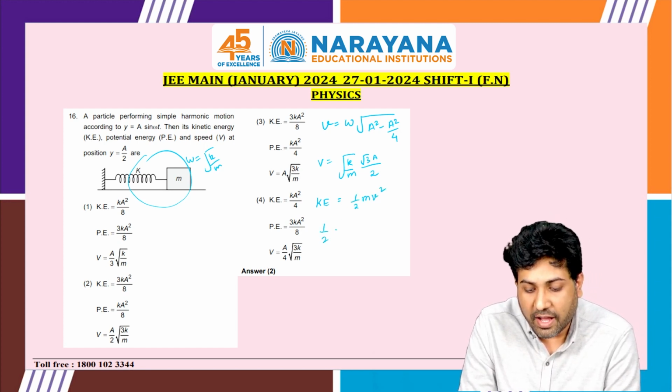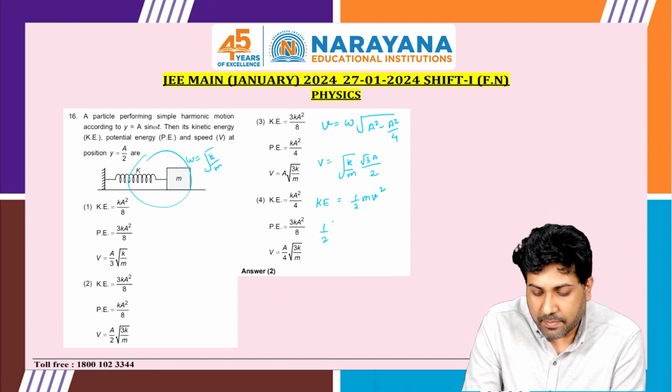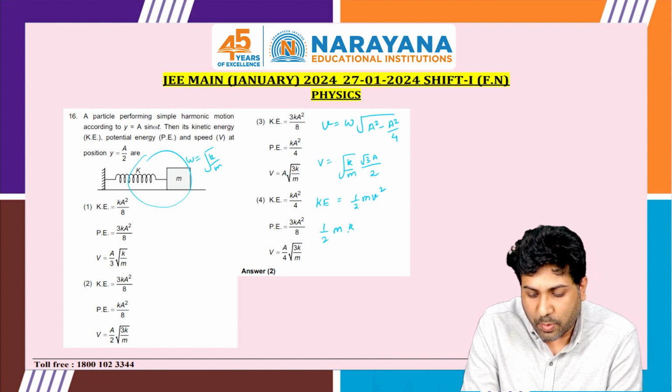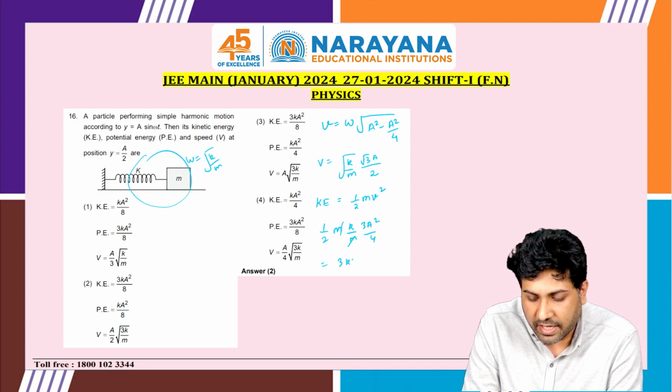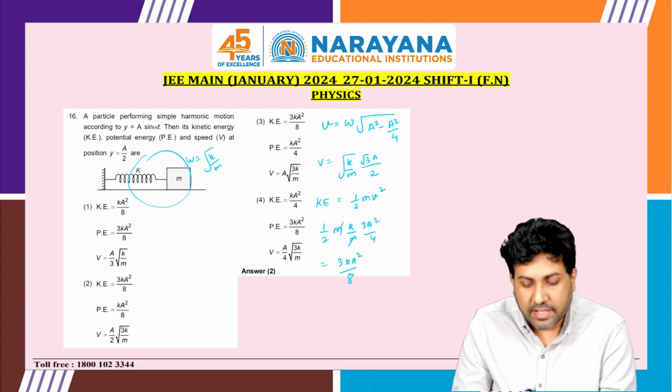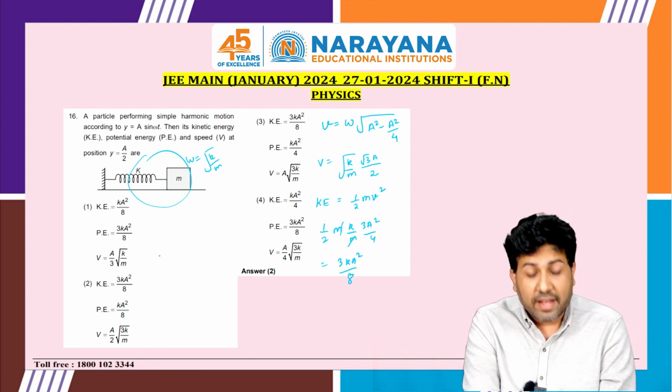So that will be equal to half into m into v square. Just square the velocity, 3a square upon 4, cancelled. I will get 3ka square upon 8. So this is the kinetic energy. What is the potential energy in SHM?